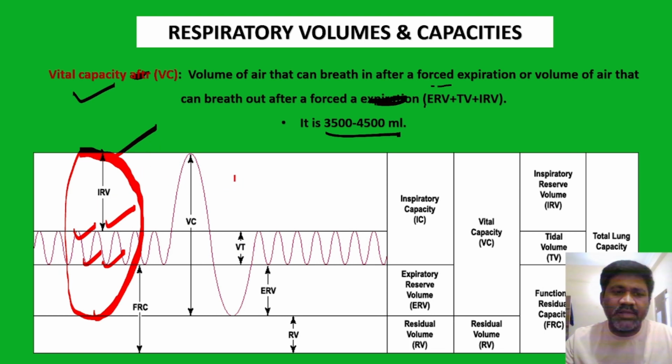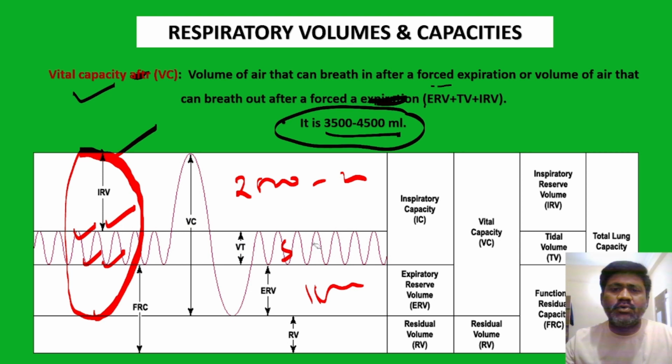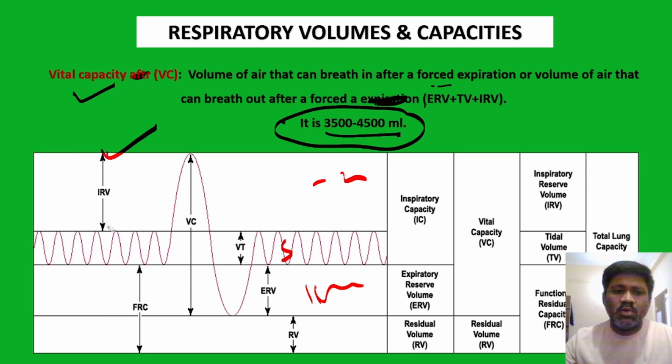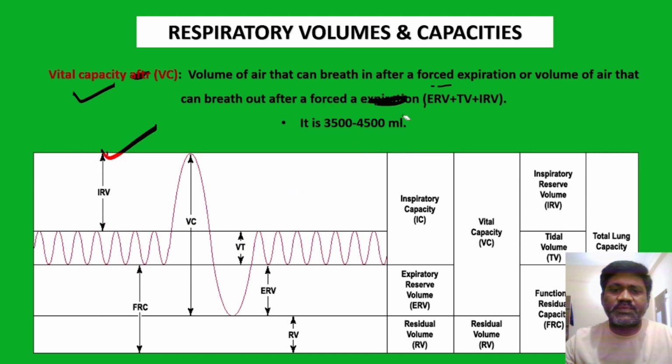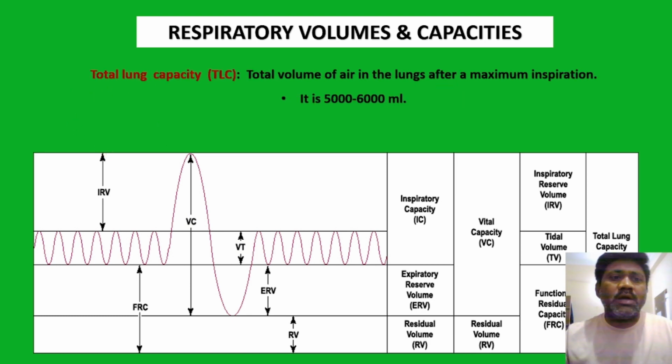We know already IRV is 2000 to 2500 ml. The tidal volume is 500 ml, and the expiratory reserve volume is 1000 to 1100 ml. Together how much? 3500 to 4500. Okay, this is vital capacity, right? Now total lung capacity, TLC: total volume of air in the lungs after a maximum inspiration.